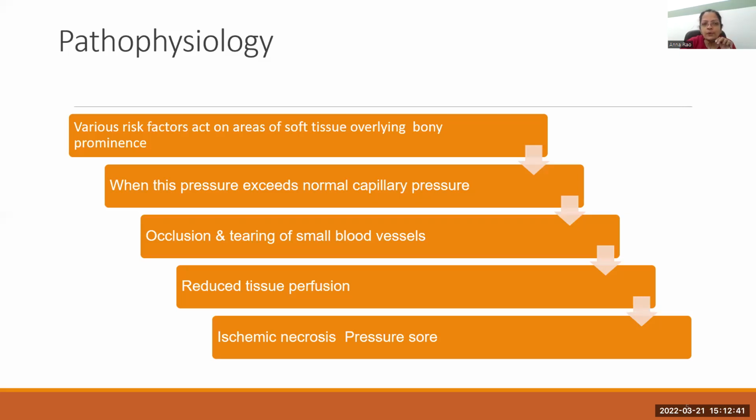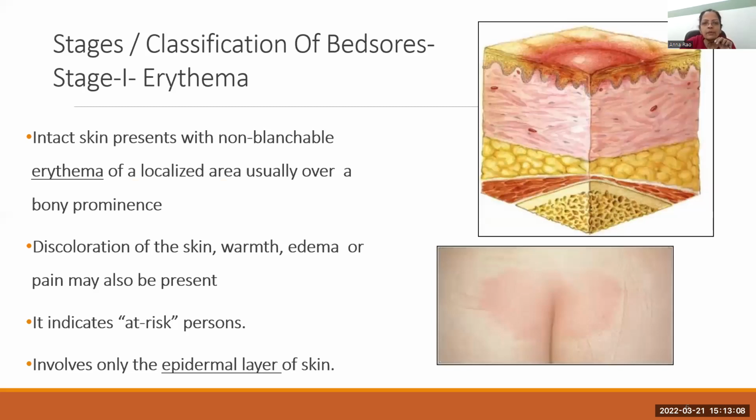So when this pressure exceeds normal capillary pressure, there will be occlusion and tearing of small blood vessels, and it will lead to reduced tissue perfusion, and it will develop into sore, right? Because of the ischemia and necrosis. That can be small also, it can be large also.